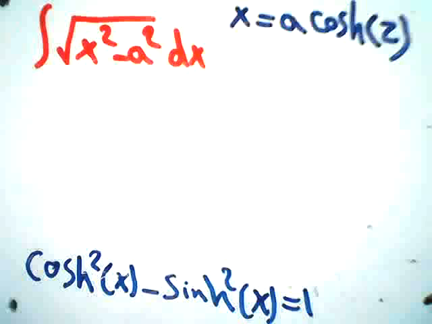Now here, cosine hyperbolic is always positive, so a is also positive and x would be positive.